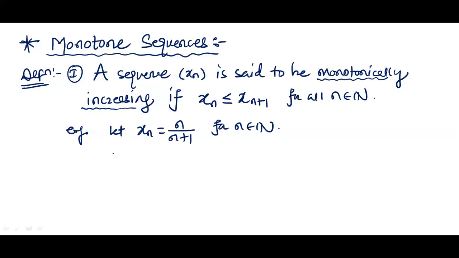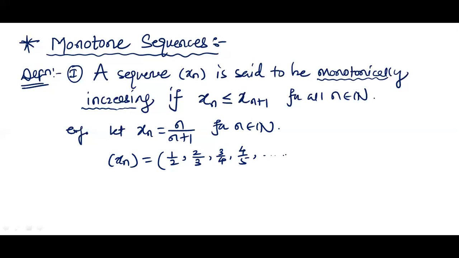Then the terms of the sequence xn are: the first term is 1 by 2, the second term is 2 by 3, next term is 3 by 4, next term is 4 by 5.